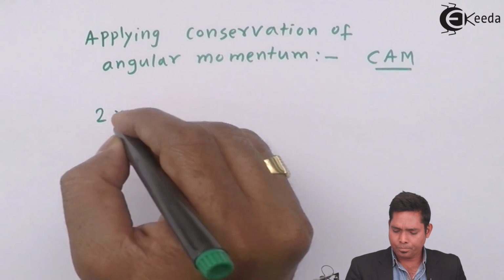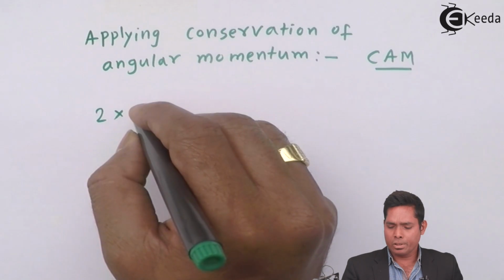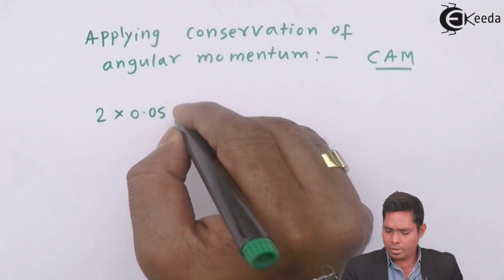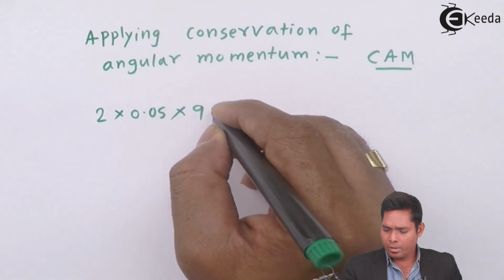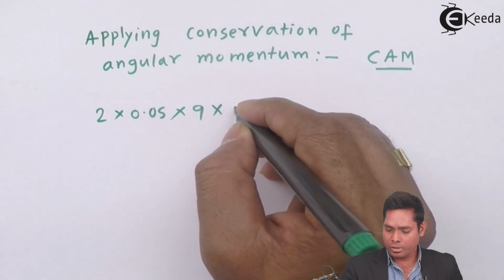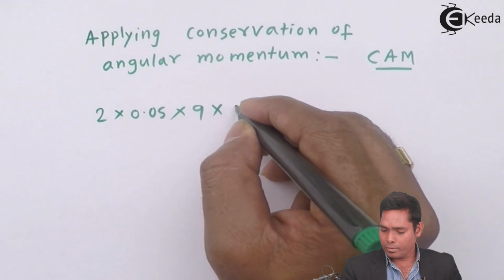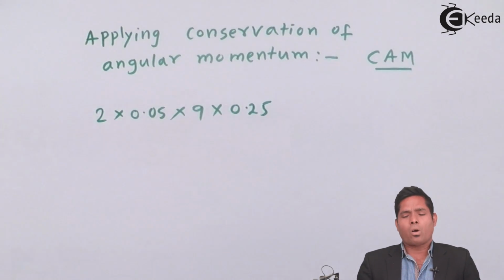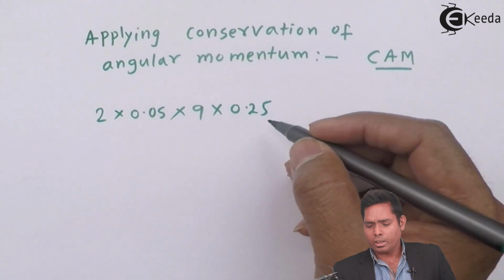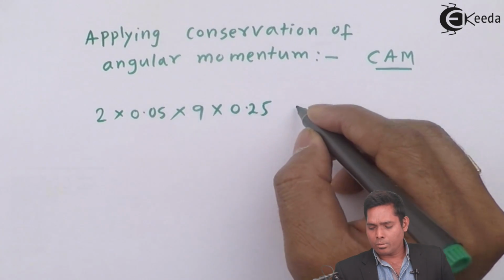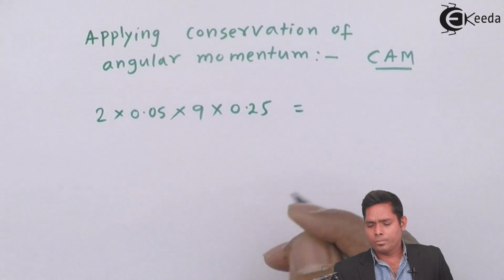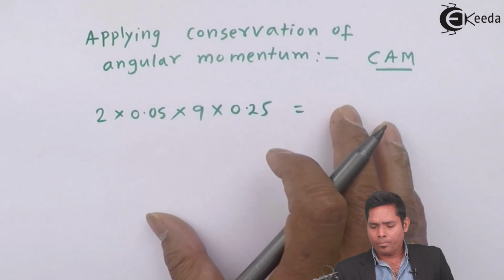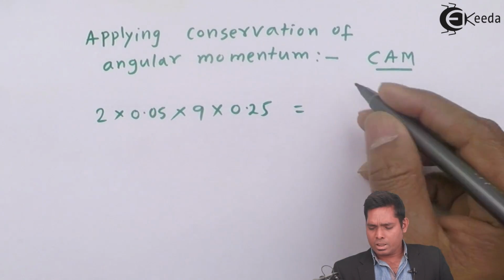So we have 2 times the mass of each ball, that is 0.05 kilogram, v is 9 meter per second, r is 0.25. This is the angular momentum of the balls together, and that will provide the angular momentum of the rotating platform.